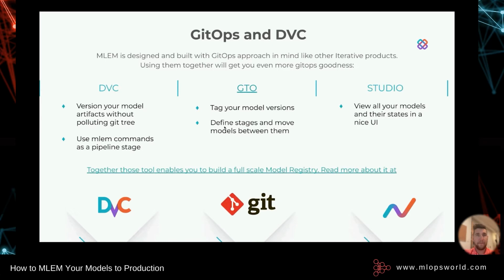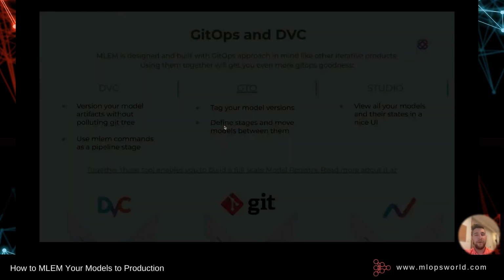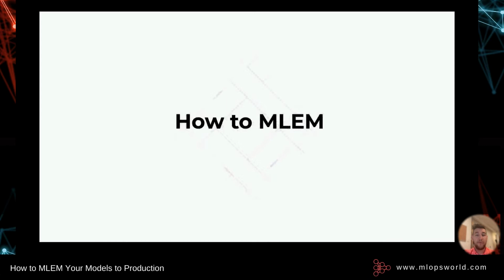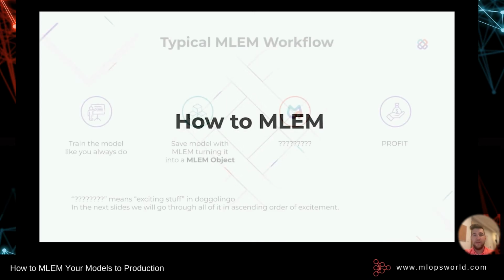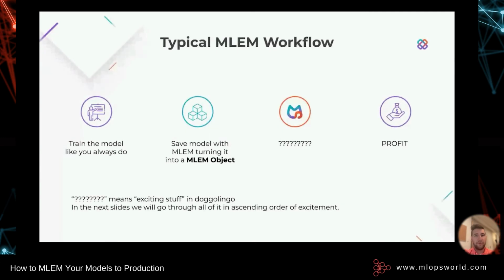Okay, let's move on to the next part. And I will tell you what you can actually do with MLEM. So the typical MLEM workflow looks like this. First, you train your model like you always do. You don't need to change any code there.